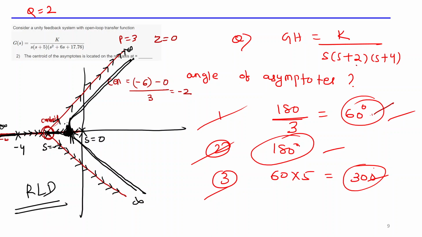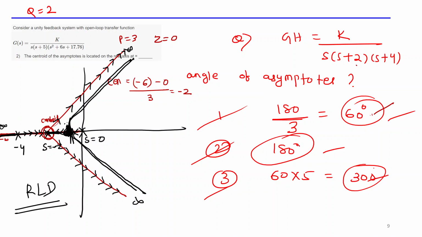Yes, sir. So this is a complex pole, right? So find out the positive complex pole. Don't take the negative complex pole. Take the positive complex pole and put it everywhere. Find out the angle. You require an angle of departure here because you have a complex pole, and 180 plus that angle gives the angle of departure.